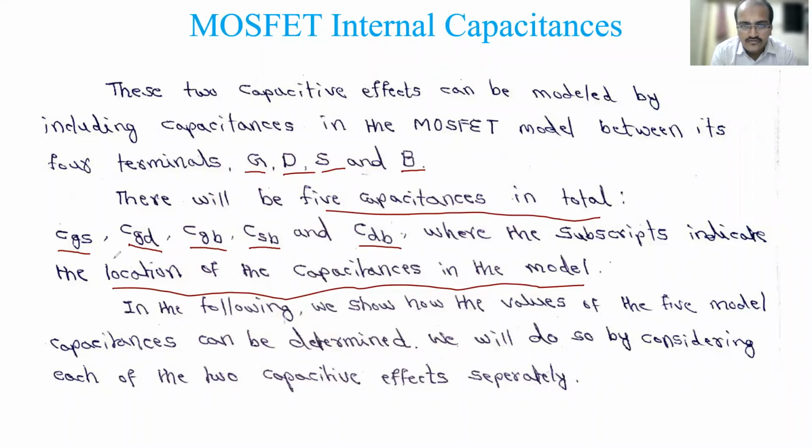So in the following, we show how the values of the 5 model capacitances can be determined. That is our first intention, and we'll do so by considering each of the 2 capacitive effects separately. So it is 2 capacitive effects, the gate capacitive effect, and in that only these capacitances will be considered.